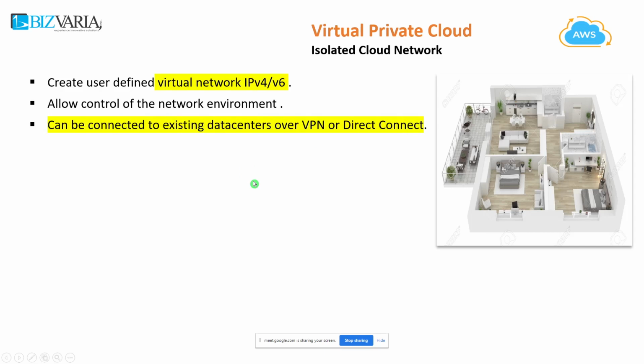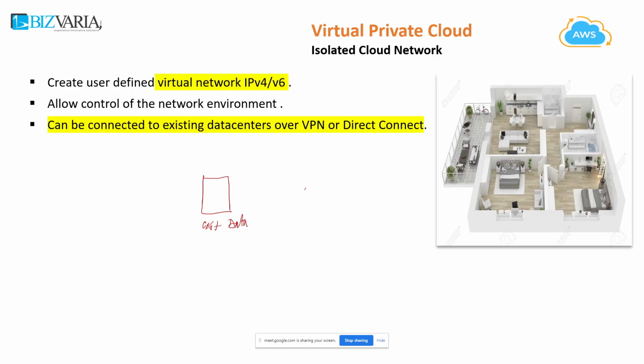It can be connected to an existing data center over VPN or Direct Connect. What this means is, if a company is already running their business and they have their own data center, so this is their data center, like a customer data center.